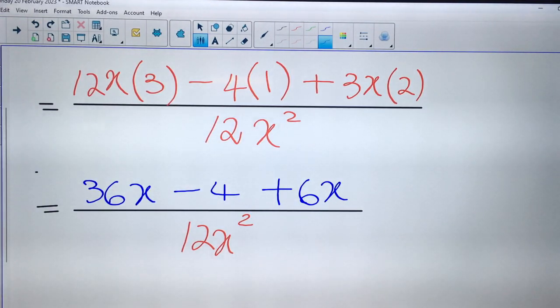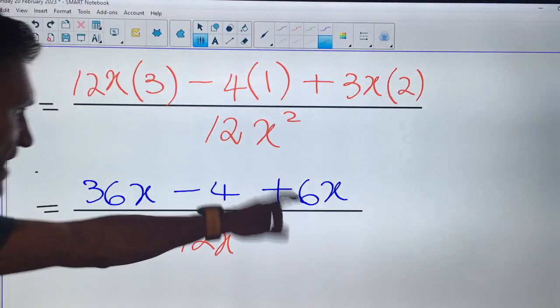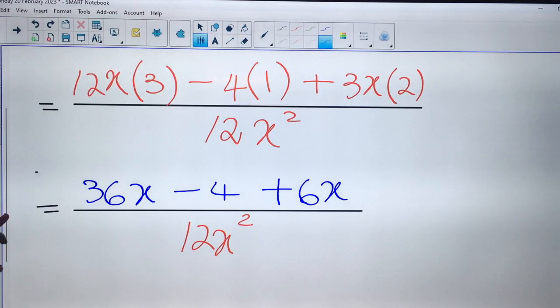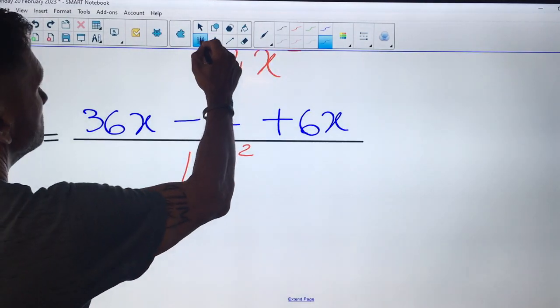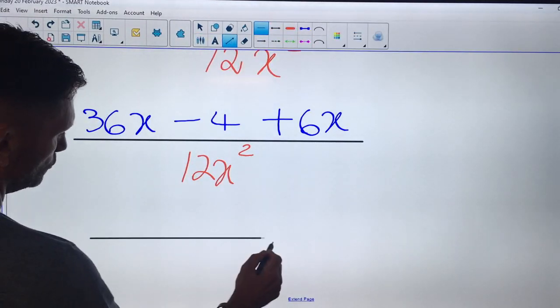Are there any like terms here? Yes, sir. Which are like terms? The 36x and the 6x. Good, so what is 36x plus 6x? 42, sir. 42, cool.